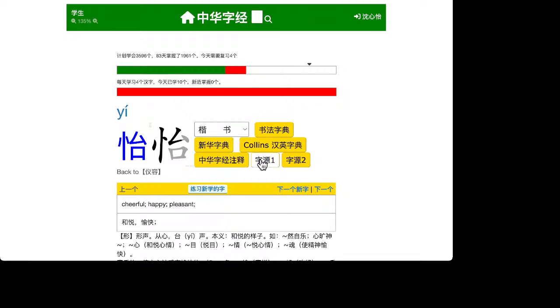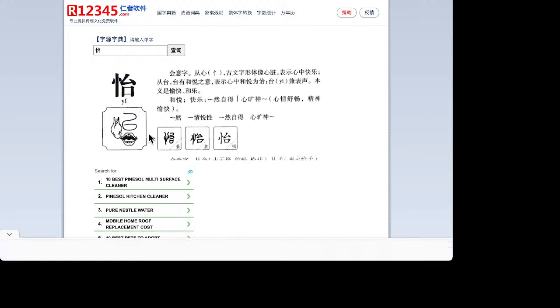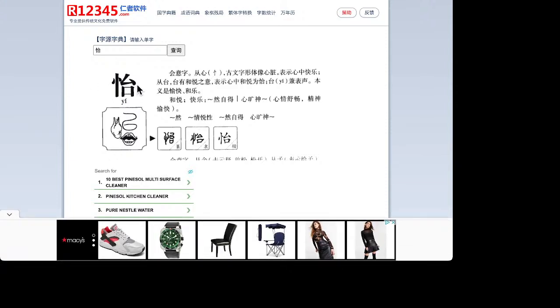Yi. Yi is cheerful, happy, pleasant. So we got here on the left the 竖心旁, right? The vertical heart radical, telling you that this refers to an emotional state. And on the right, nowadays we would read this as tai, but it used to also be pronounced yi, so that was a phonetic component.